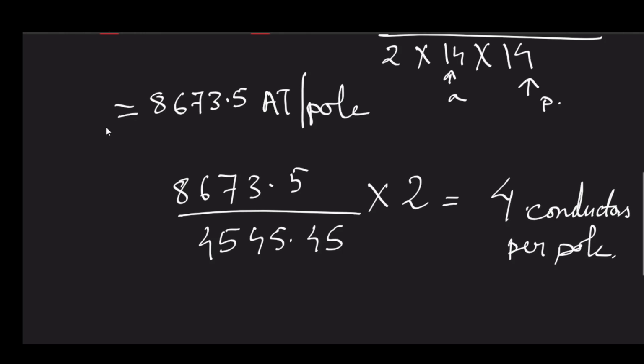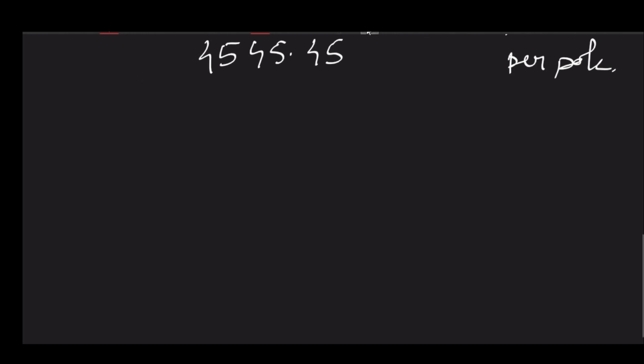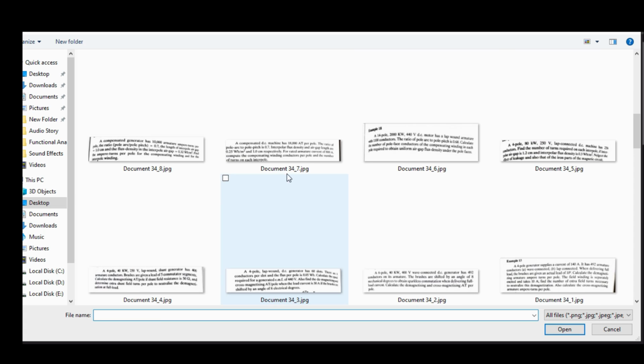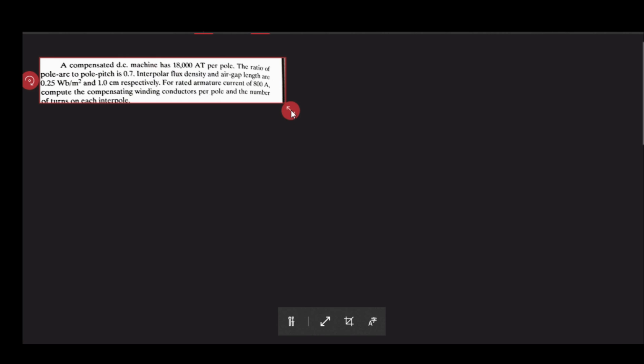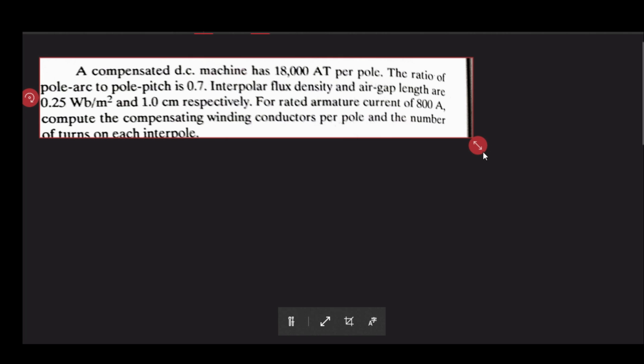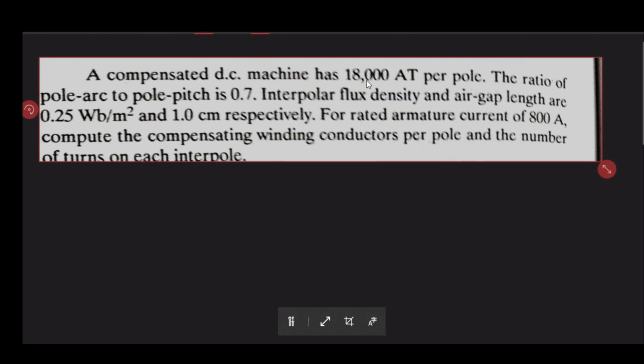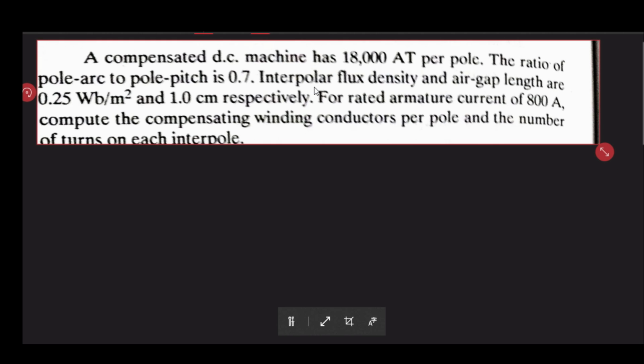Now let us take another example. A compensated DC machine has 18,000 ampere turn per pole.